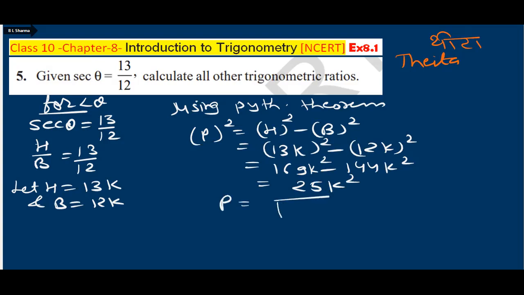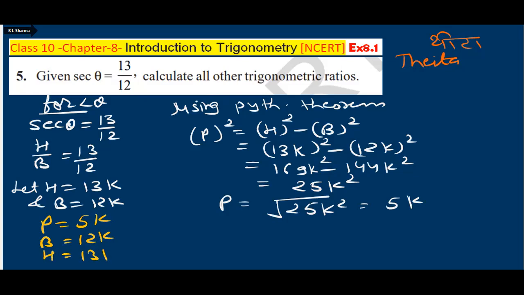The perpendicular will be square root of 25K square, that is 5K. So we can say that perpendicular is 5K, base is 12K, and hypotenuse is 13K for the acute angle theta.